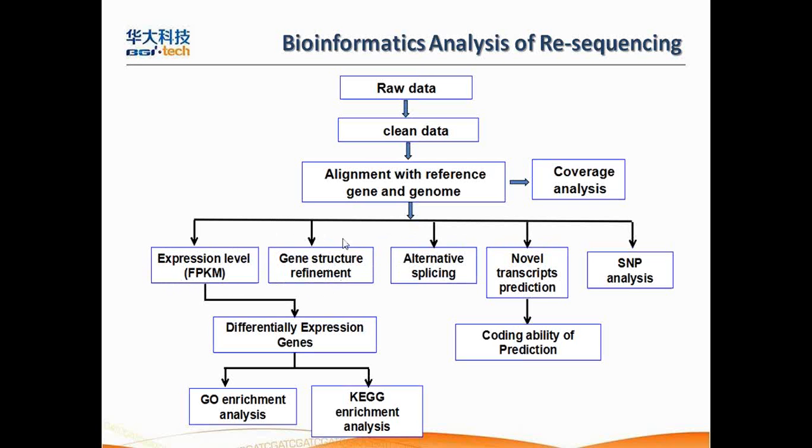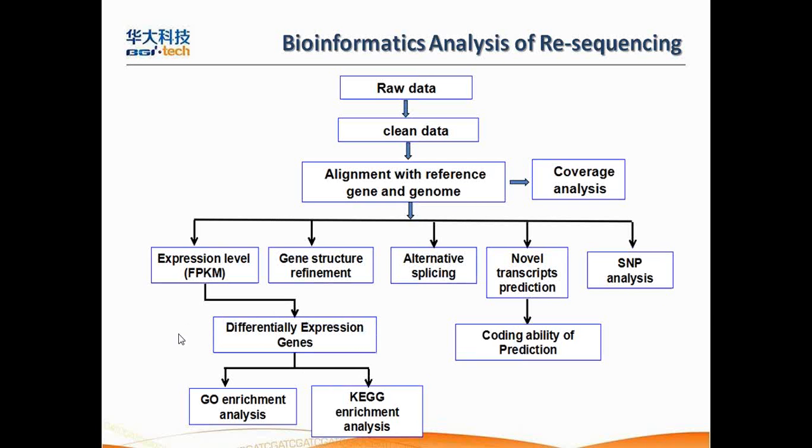We can refine the gene structure, and we can detect alternative splicing, and we can detect whether there are some novel transcripts or single nucleotide polymorphism information using this resequencing alignment.